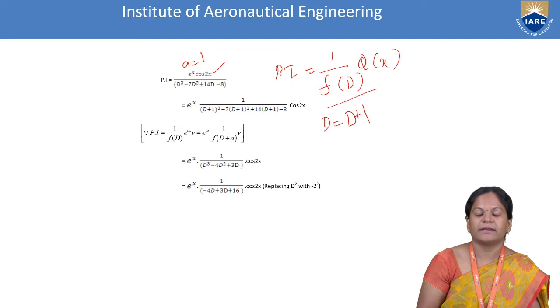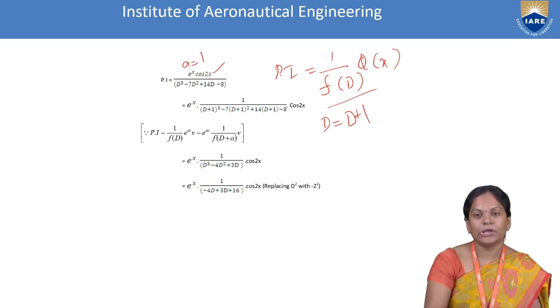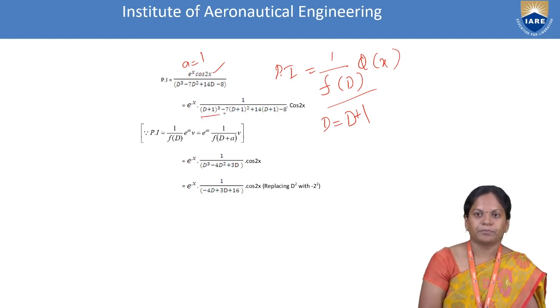So e power x on the left hand side, and wherever there is d, in place of d, take d plus 1. So 1 by, what is f of d? D cube is nothing but d plus 1 whole cube, minus 7 into d square is nothing but d plus 1 whole square.